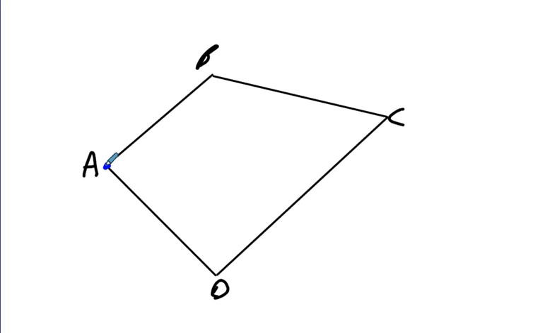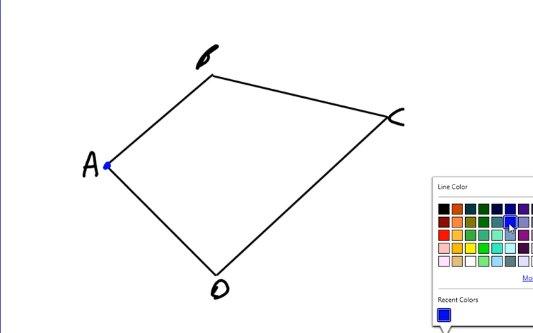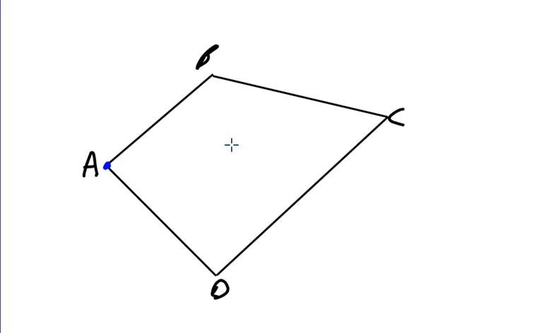So we're going to draw to the non-consecutive vertex, that would be over here to C. That is a horrible line. I'm going to use the line tool so we can make it a straight line. So there's my diagonal. A diagonal is any line that connects two non-consecutive vertices of a polygon.